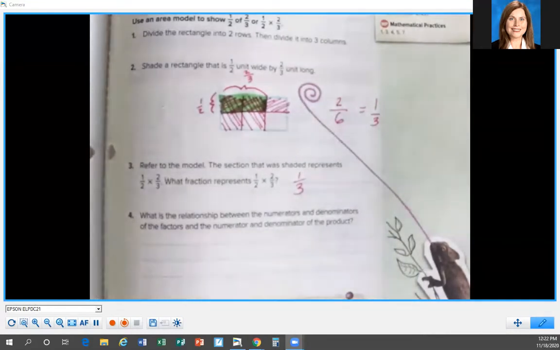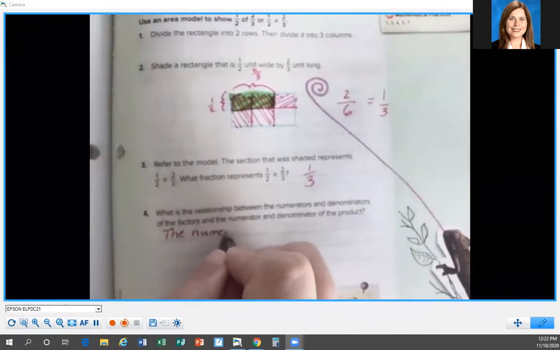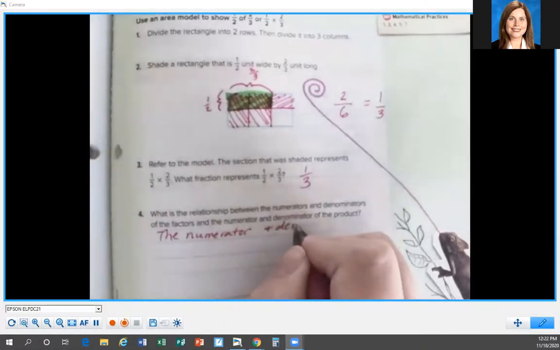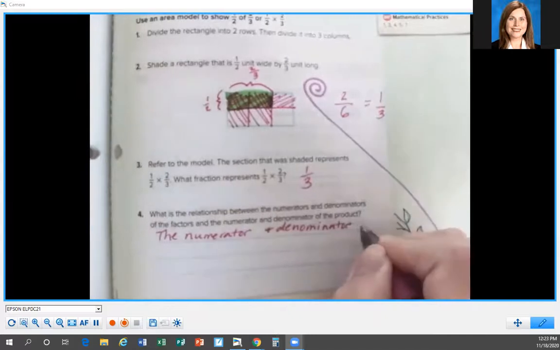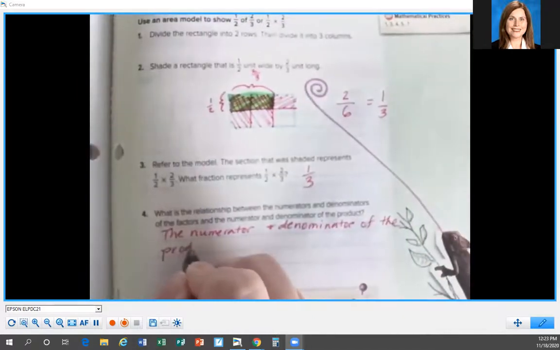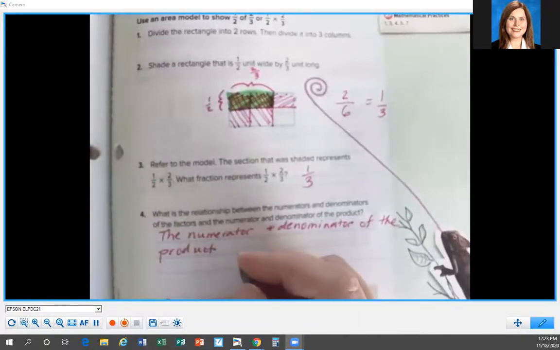The numerator and denominator of the product is the product of the numerators and denominators of the factors.